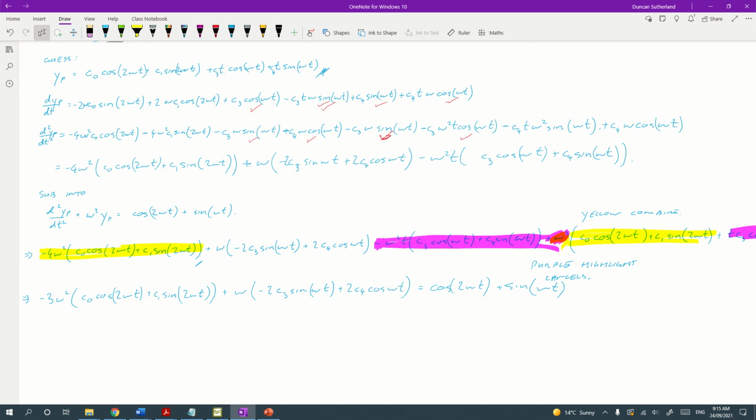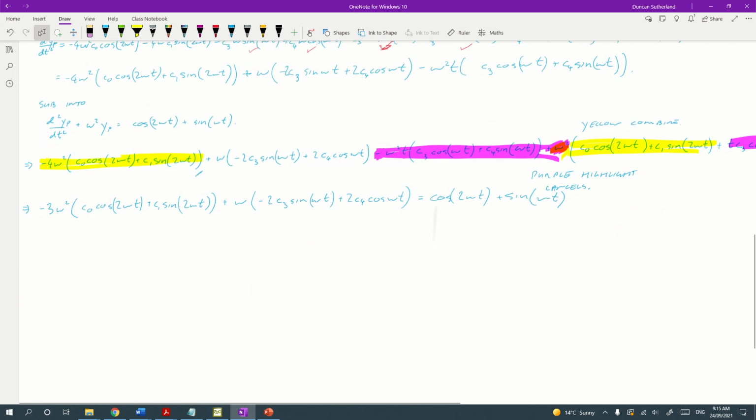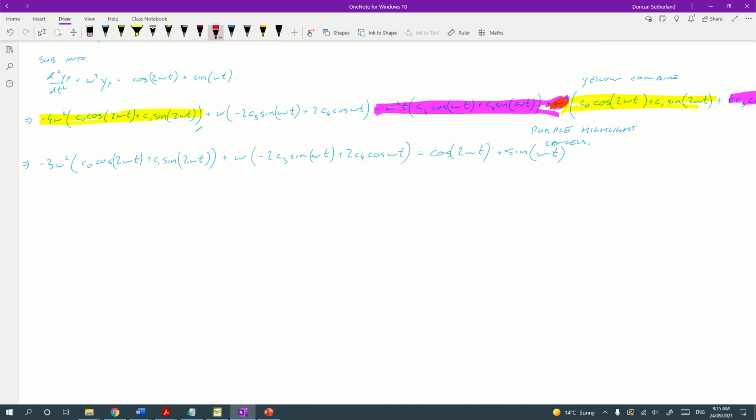Okay, now we can equate like terms. This cos 2 omega t has to match with this cos 2 omega t. There is no sine 2 omega t on the right-hand side of this equation. Therefore, C1 automatically must be 0.